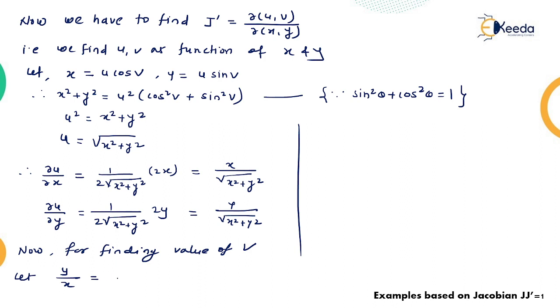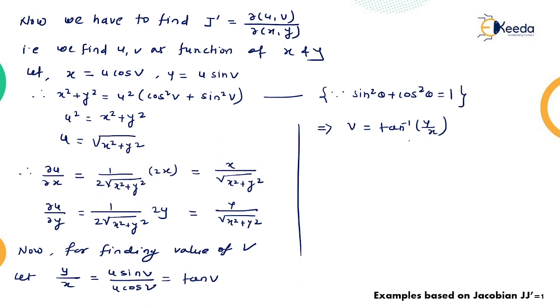Y means u sine v, and x means u cos v. So u gets cancelled, and sine v upon cos v is tan v. That implies v is nothing but tan inverse of y by x.